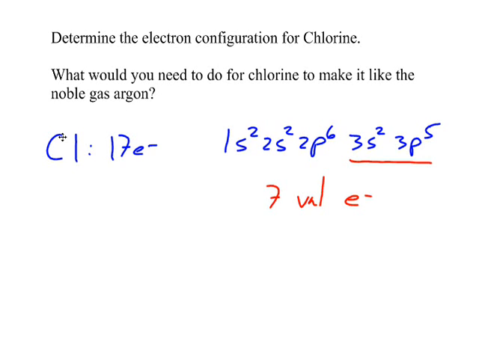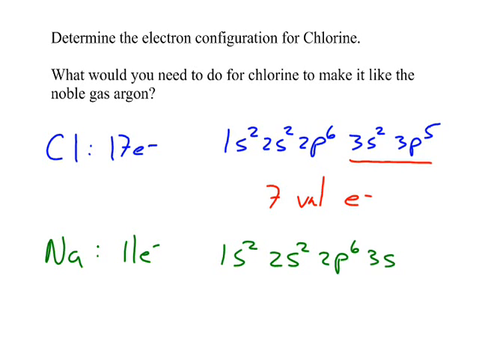Well, where's it going to get that electron from? Our most common element that could donate this to chlorine would be sodium. A sodium atom has 11 electrons, so that's 1s2, 2s2, 2p6, 3s1. That 1 valence electron on the sodium could be donated to the chlorine, so that chlorine would then have a full valence shell.